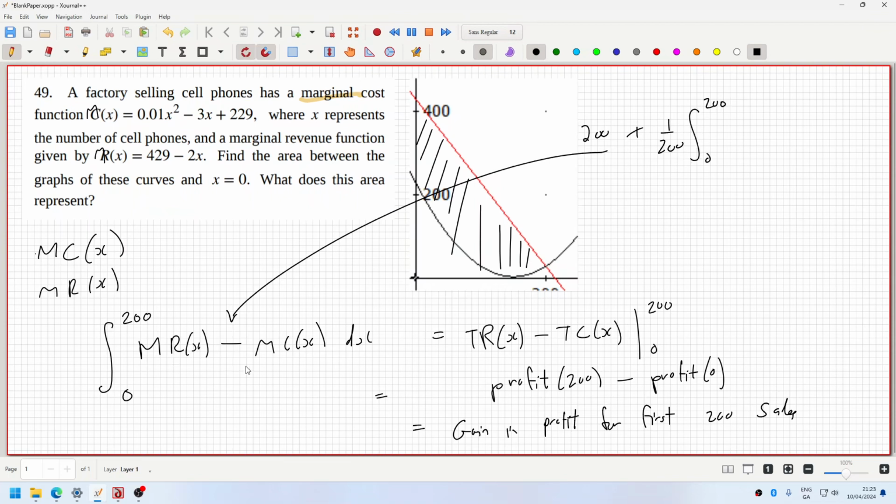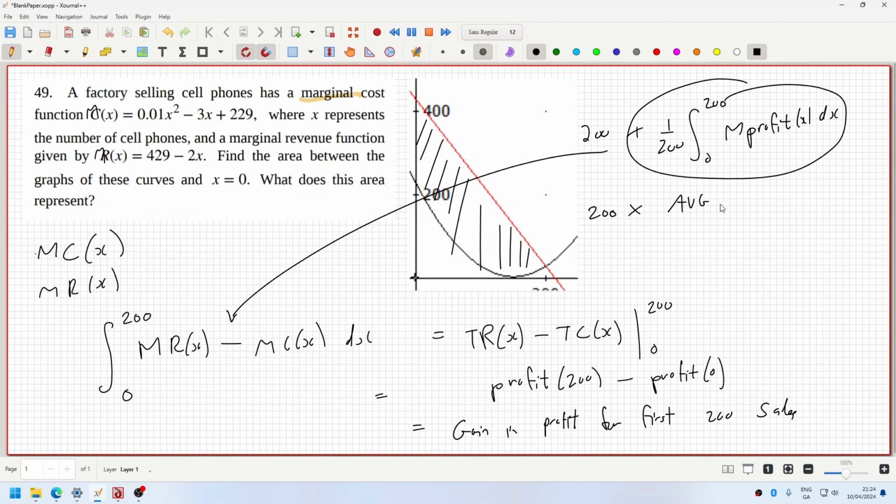And we said marginal revenue minus marginal cost, that's marginal profit. So this here would be the average. So it's 200 times the average marginal profit.